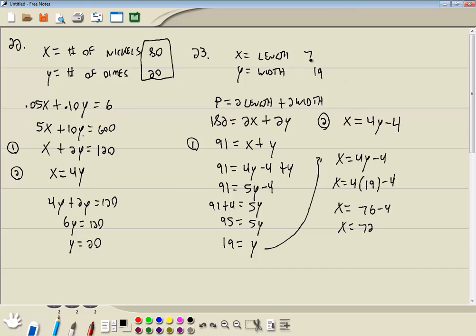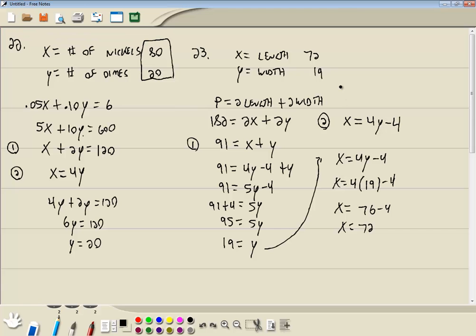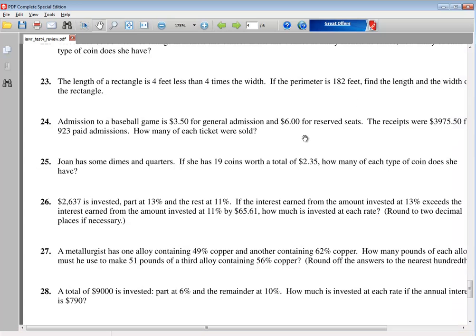So this one would be 72. Let's see if this makes sense. Perimeter is 182. Okay, if I double that, that gives me 144. If I double this, that gives me 38. If I add those together, that gives me 182. Okay, so that checks.